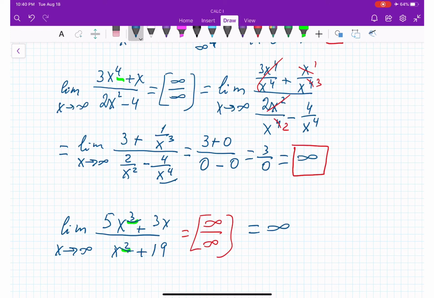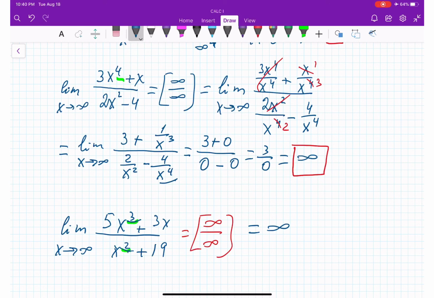One thing that is interesting is that this result, the type of result, is very similar to the horizontal asymptote. That's the same way we would identify a horizontal asymptote. If the degrees are the same, then the horizontal asymptote would be equal to the coefficient of the highest degree in the numerator divided by the coefficient of the highest degree in the denominator.